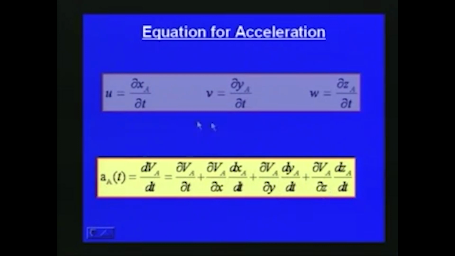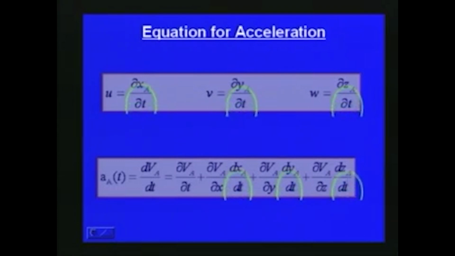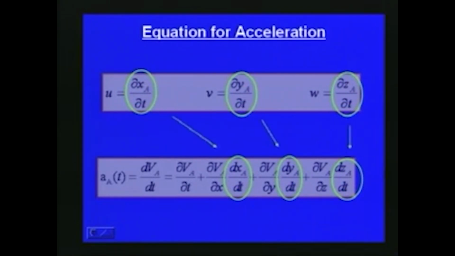This gives the total acceleration as far as the fluid movement is concerned. One part is the local acceleration and the other part is the convective acceleration, as indicated in this figure. Here dx_A/dt can be represented as u, dy_A/dt as v, and dz_A/dt as w.